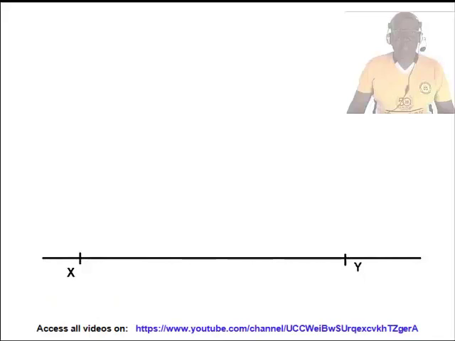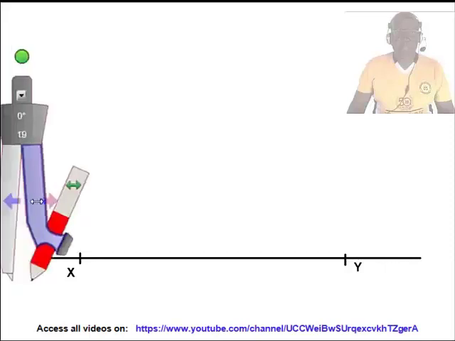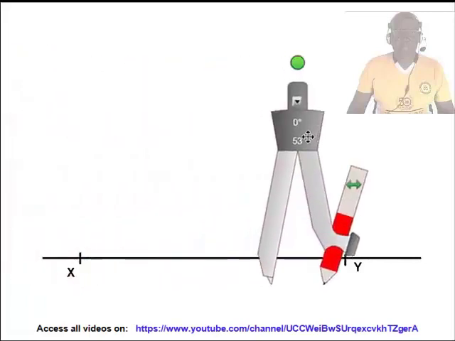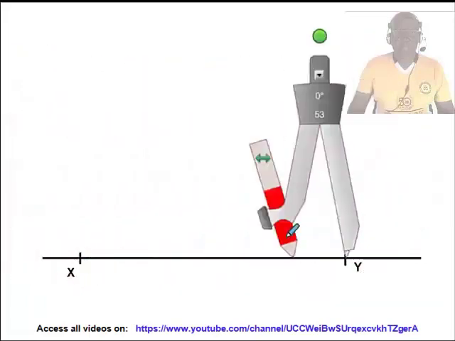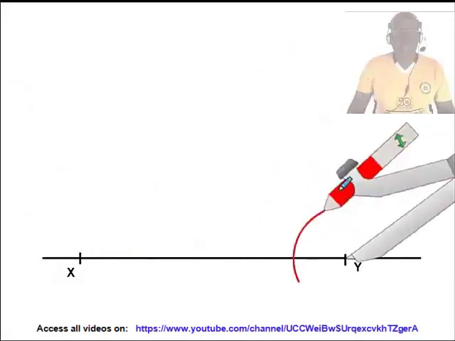We shall now construct the angle 60 degrees to the line XY at the point Y. To do this, we shall open the compass to a convenient radius. Place the tip of the compass at Y and draw an arc to intersect the line XY.